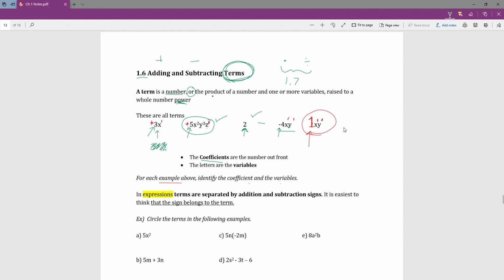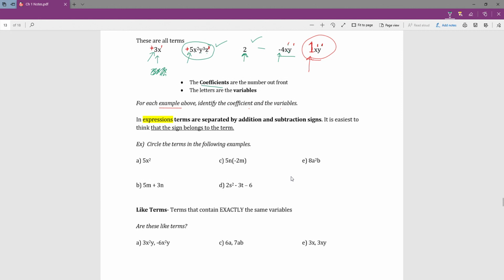Okay, so in an expression, terms are separated by addition and subtraction signs. This is one of those things that, like, sub in with the brackets. The sign goes with the term. We're going to do a lot of work with terms in algebra, and this is always a good thing, that the sign goes with the term.